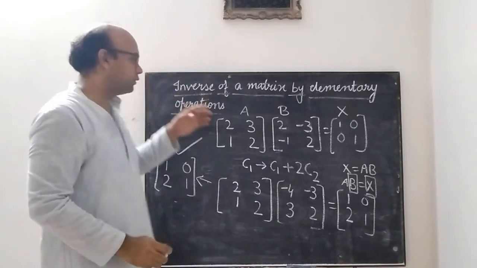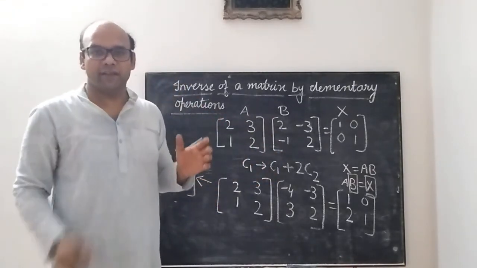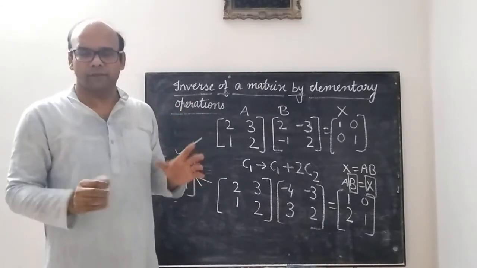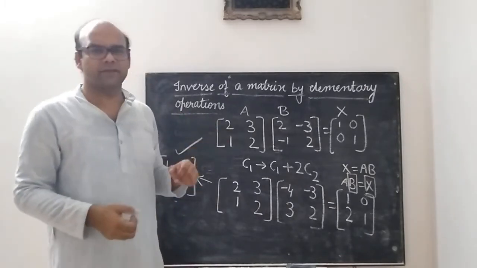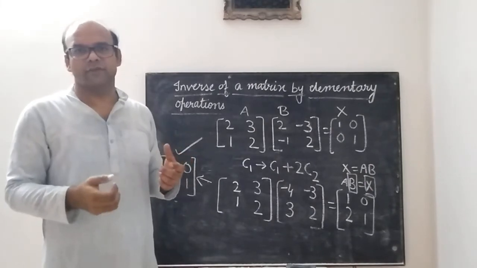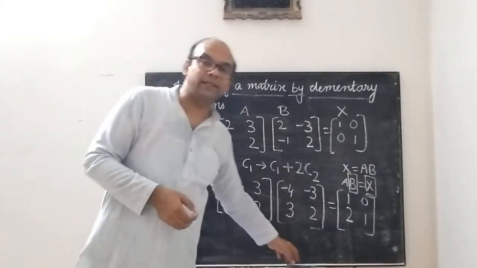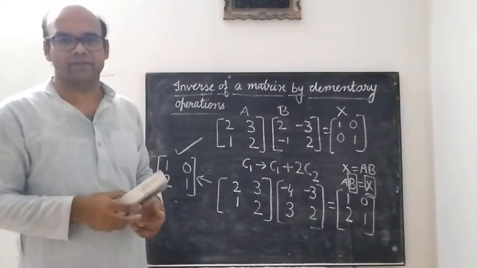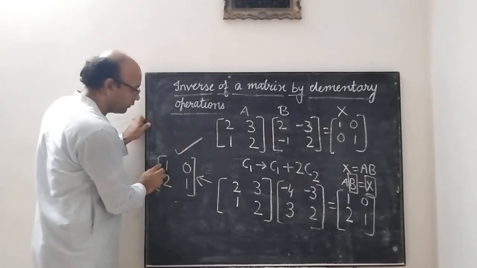So, this is how you can check in the examination also. If by mistake you performed the operation on the wrong matrix, then you have the choice of checking out your equality over there. If the equality holds, then the operations that you performed were correct, otherwise you have performed on the wrong matrix.